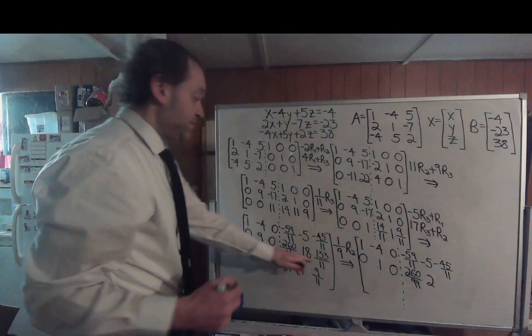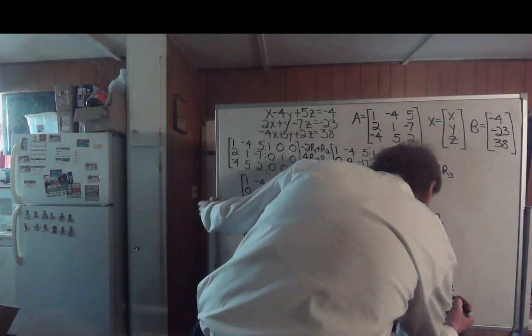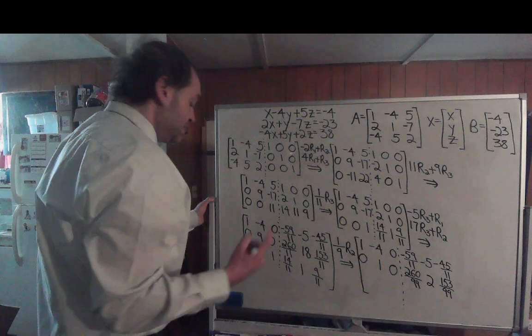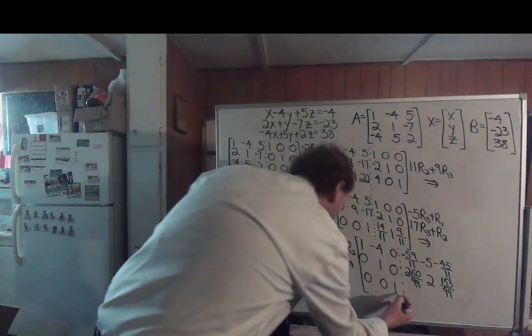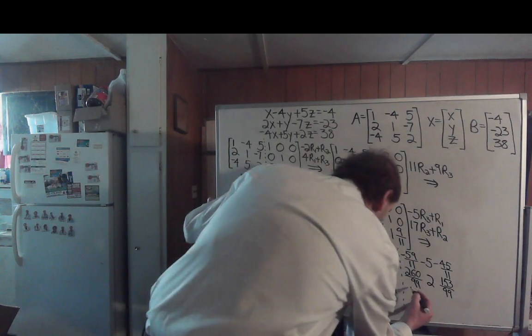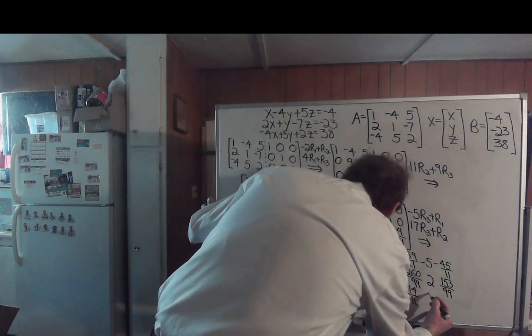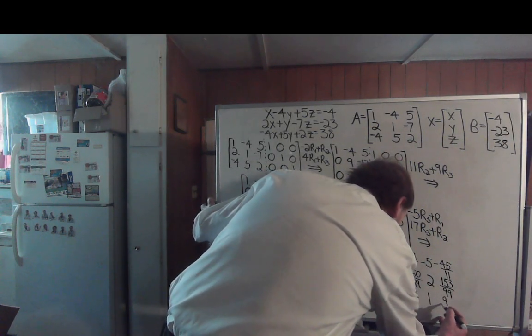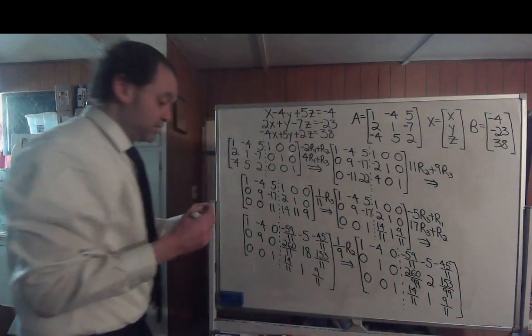And then you would have 153 99ths here. Then you have your final row, which is 0, 0, and 1, which would give you 14 elevenths, 1, and 9 elevenths. That just looks horrible, doesn't it?